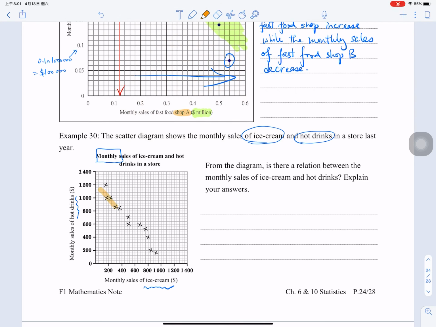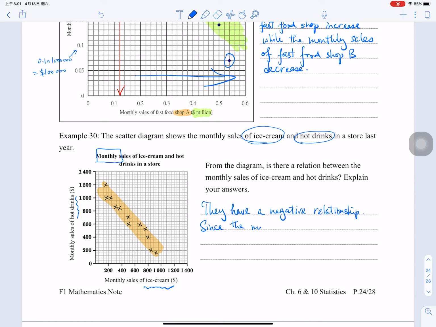This time maybe you say, okay, seems like the same as above. From the diagram, is there a relationship between the monthly sales of ice cream and hot drinks? So easy to answer. They have a negative relationship, right?